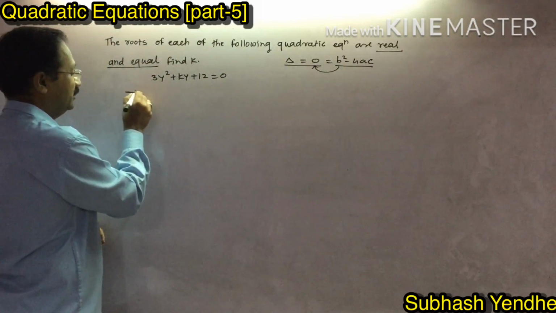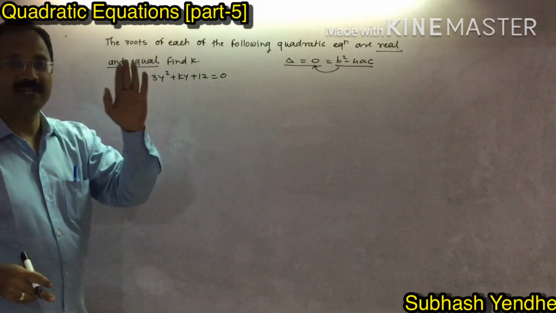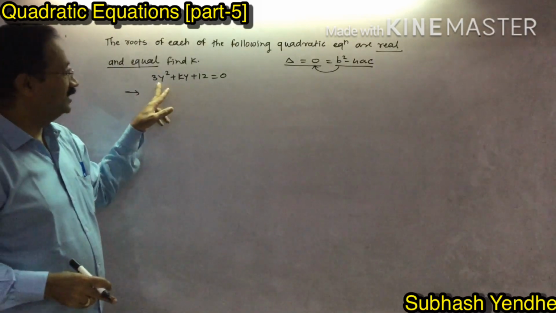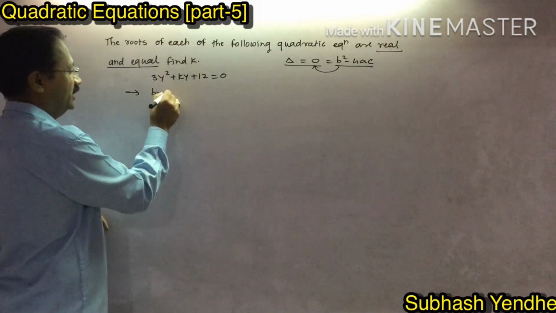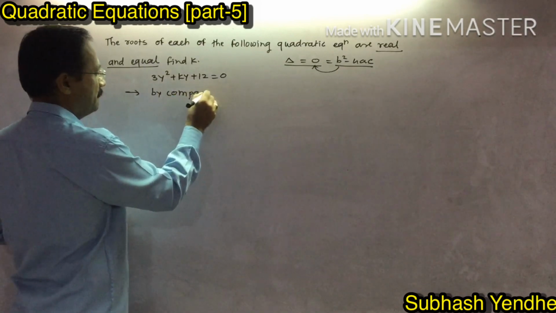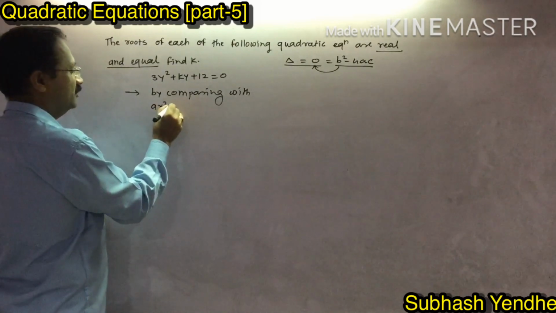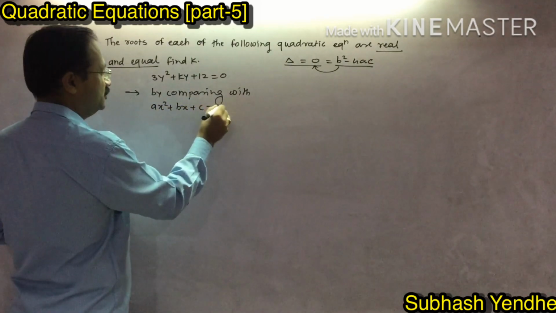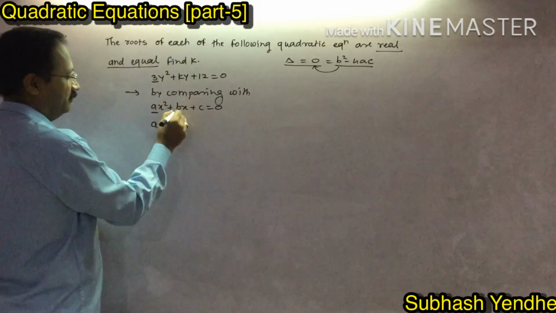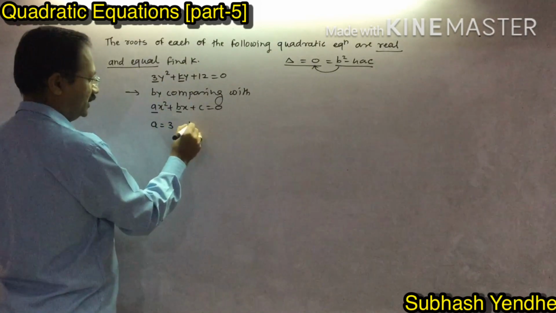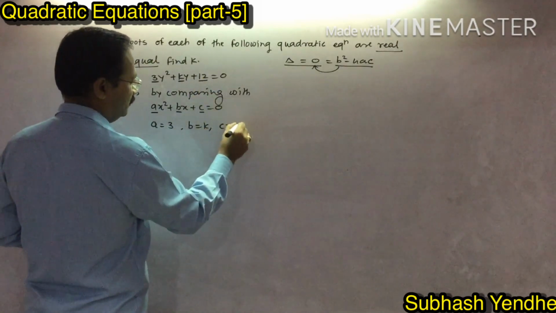So you have to compare this equation again with ax square plus bx plus c equals 0. Is this equation of that form? Yes. So by comparing with ax square plus bx plus c equals 0, you will get the value of a equals 3, b equals k and c equals 12.